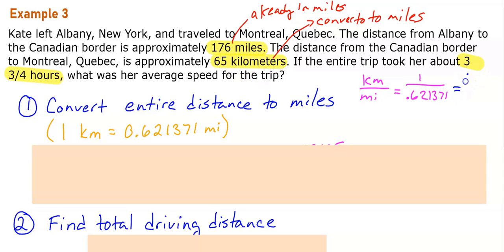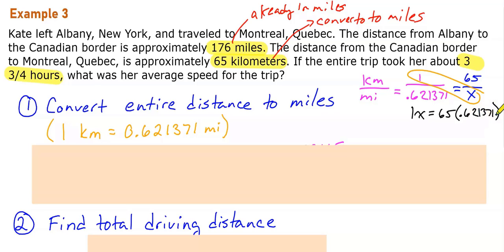The kilometers is going to go on the top. And we want to know how many miles is 65 kilometers. So then we could do our cross multiplication. So you would end up with 1x equals 65 times 0.621371.